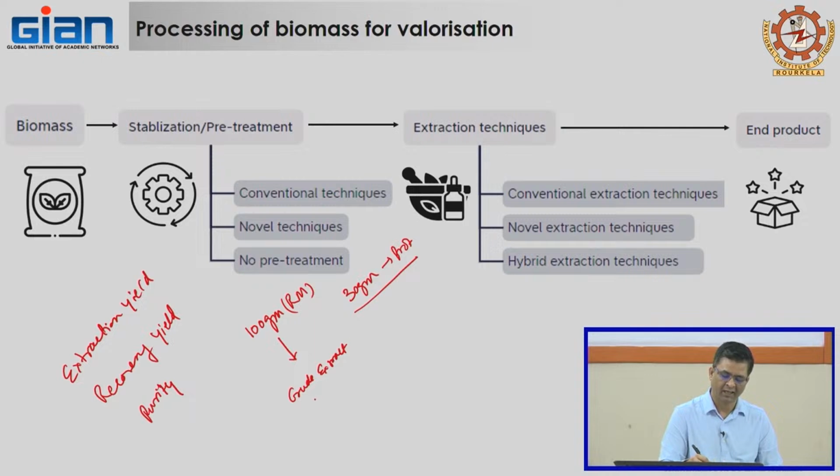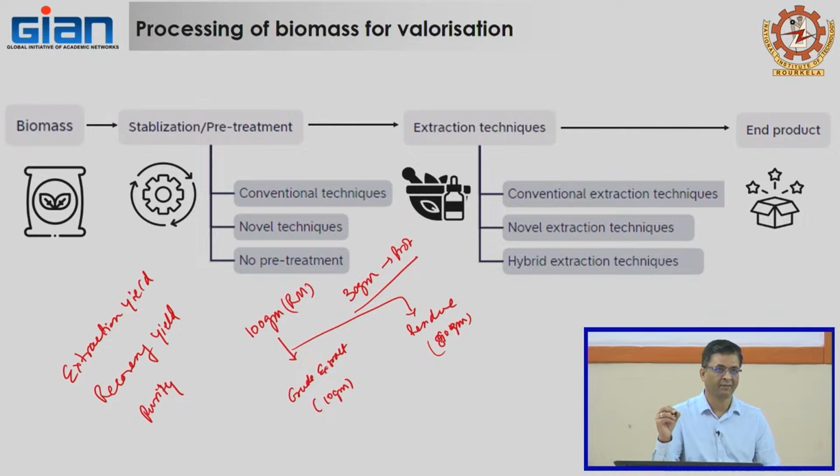Suppose the crude extract after drying is around 10 grams, yeah, and your residue is 90 grams, which is not possible, some will be lost. Take it as residue is 80 grams, yeah.